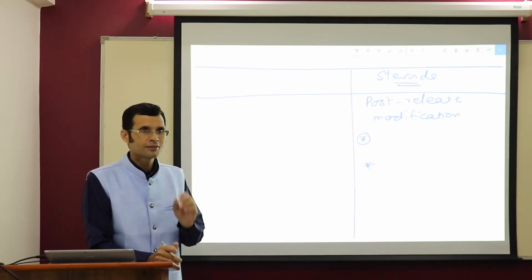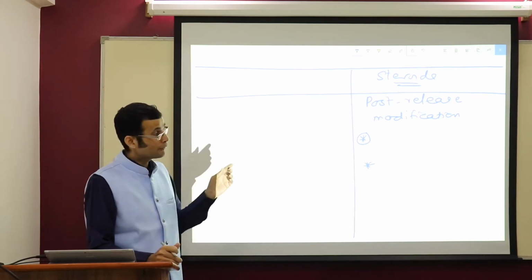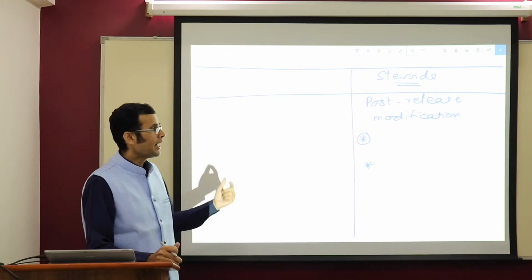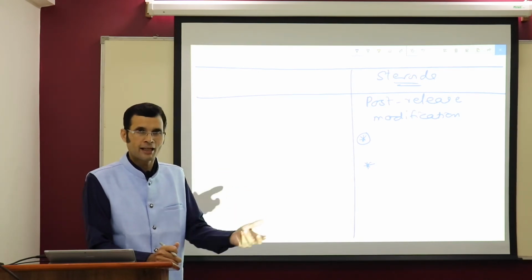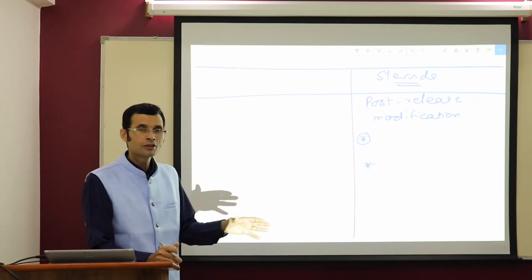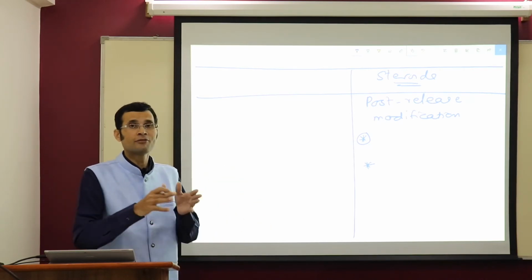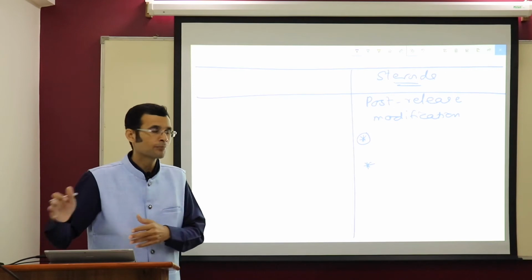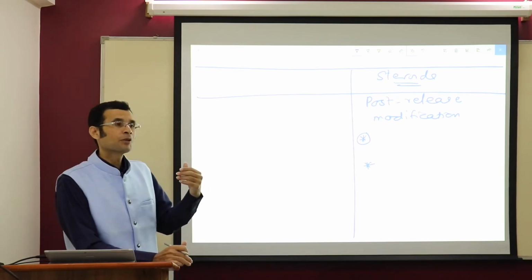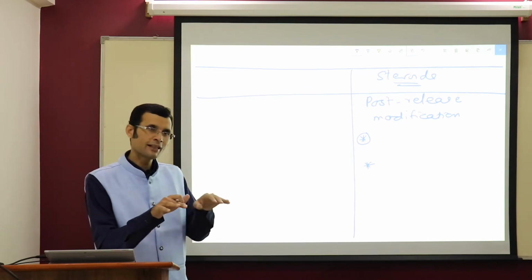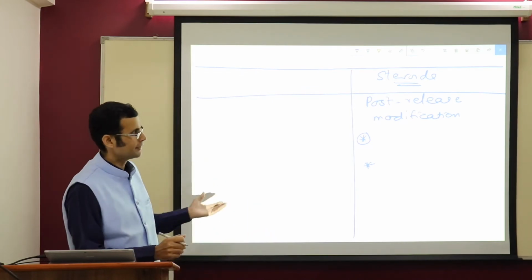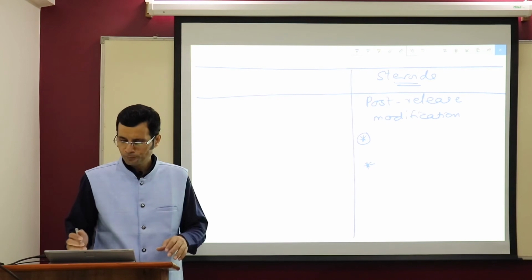It's released. It's a hormone. Now it will go to the kidney and one more hydroxyl group will be attached so that it forms 1,25-dihydroxycholecalciferol. So post-release modification, forming another hormone of the same type, same class.